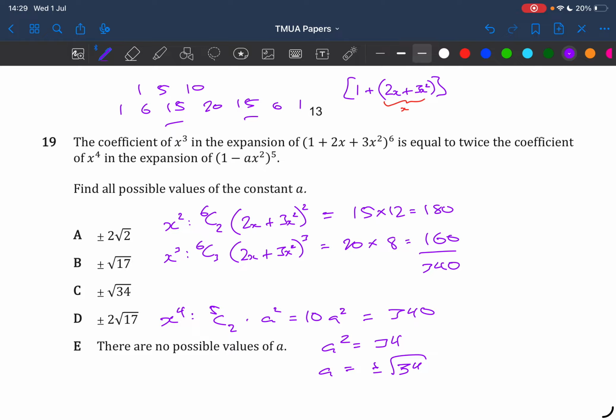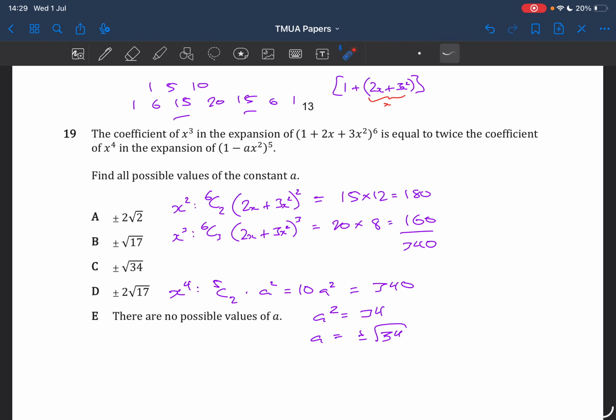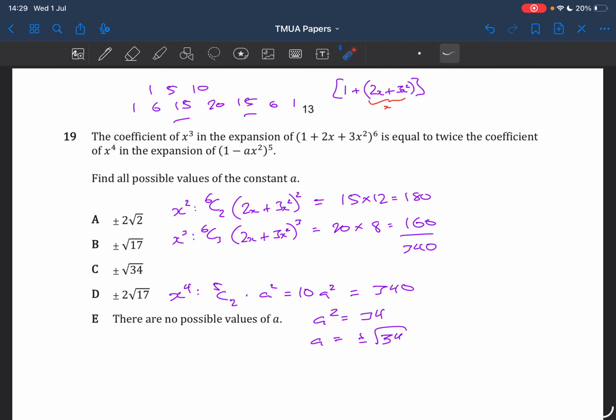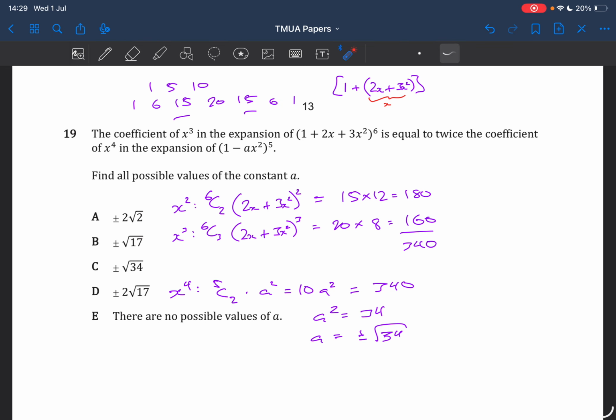Is that right? 19. B? No. Oh, 2 too big. Why am I 2 too big, if I've done the same thing somewhere else? This is 340. 5 choose 2 is 10. You have to get 340 that side and 10a squared that side.